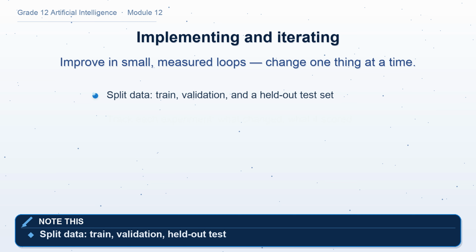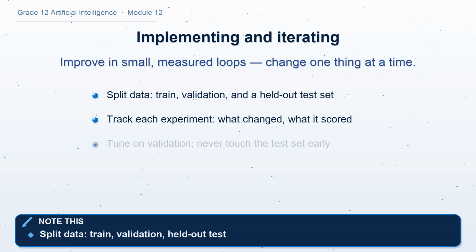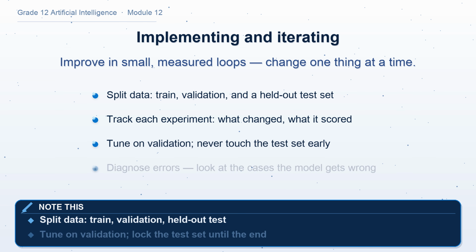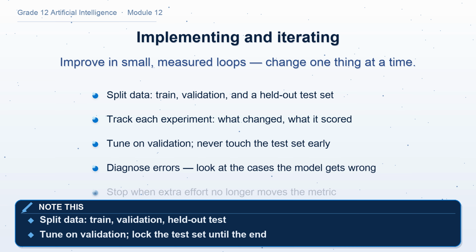Write down what you changed and what it scored, so improvement is evidence, not memory. Tune on the validation set and never touch the test set early, or you fool yourself about how well you will really do. Diagnose your errors by looking closely at the photos the model gets wrong, because they tell you what to fix next. And know when to stop, when more effort no longer moves the metric.